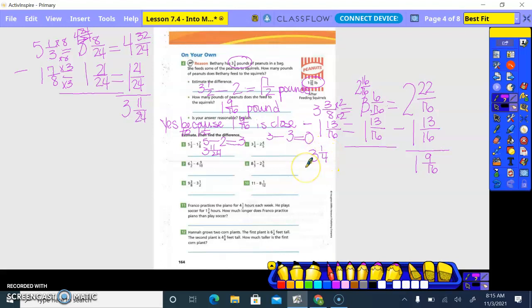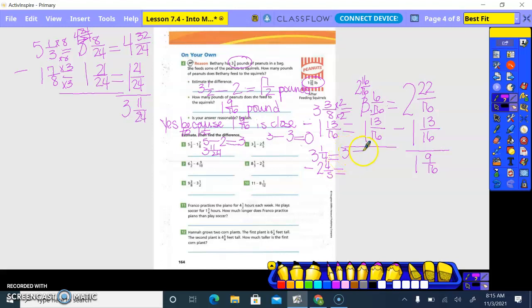3 and 1/4 minus 2 and 4/5 equals. What's our common denominator? 20, right?